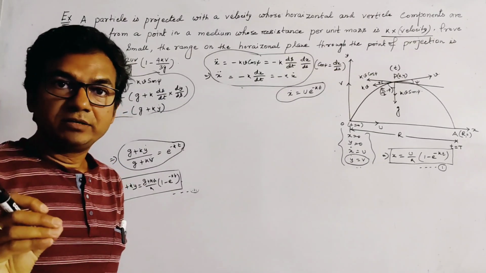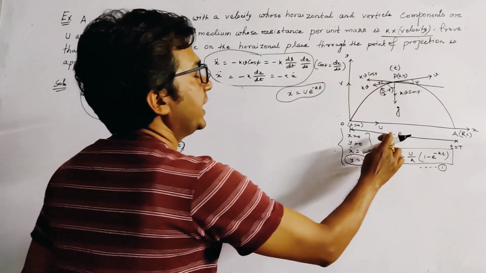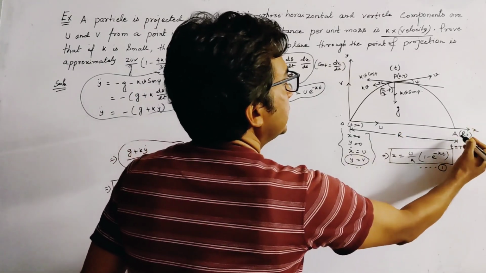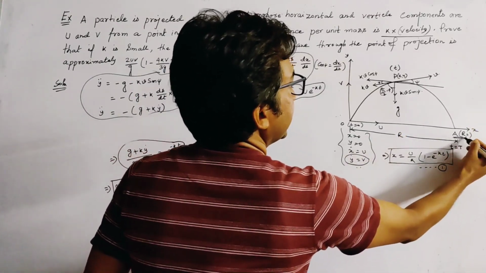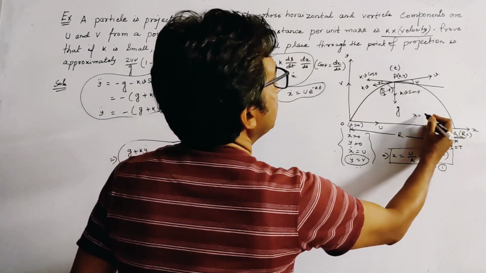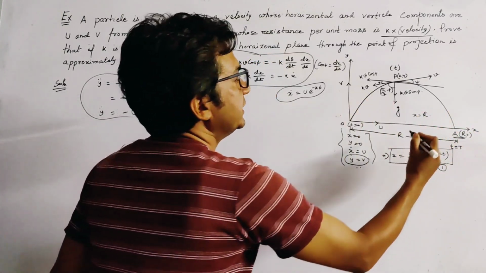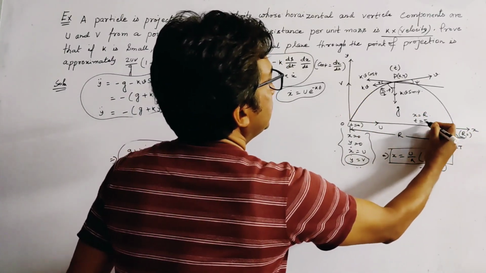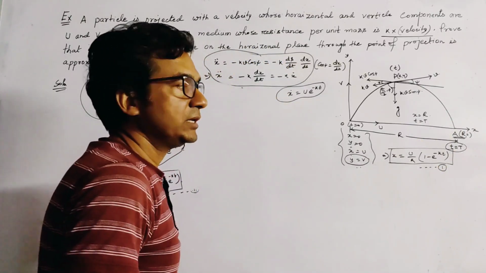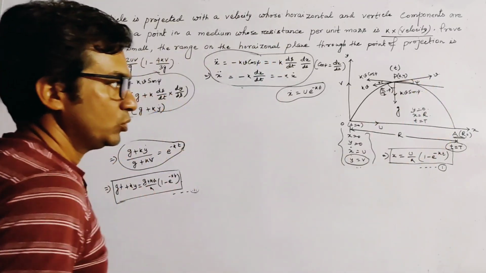Here we have to find the horizontal range. We already let the horizontal range be R, and when the particle is at x equal to R, then t equal to capital T, as we already said, and in this case y equal to 0.